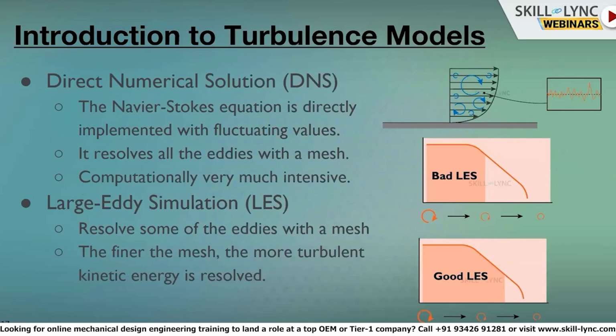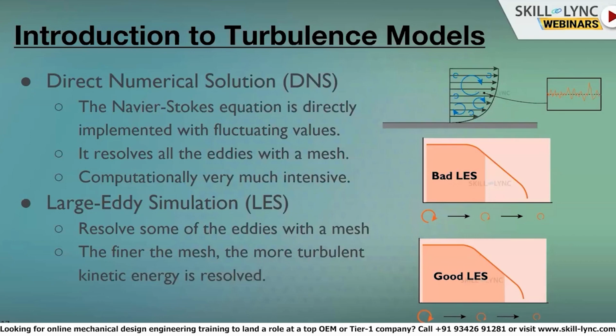Now another method is direct numerical simulation, or DNS as it is famously called. Here there is no averaging, nothing. The fluctuating components we directly plug into the Navier-Stokes equation, and we try to resolve all the eddies with the mesh, be it a large eddy or a small eddy. We try to resolve the domain with the computational mesh.